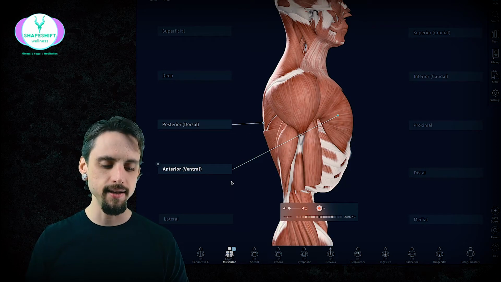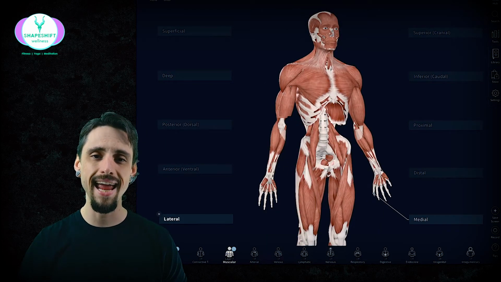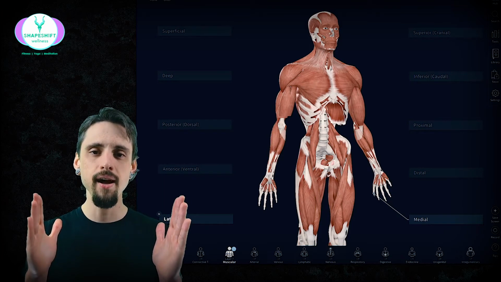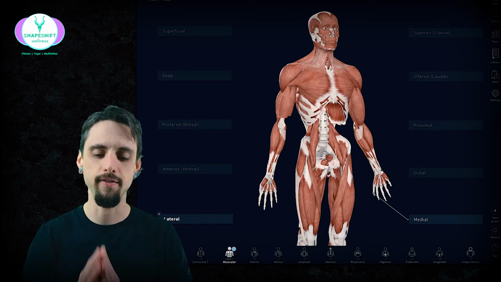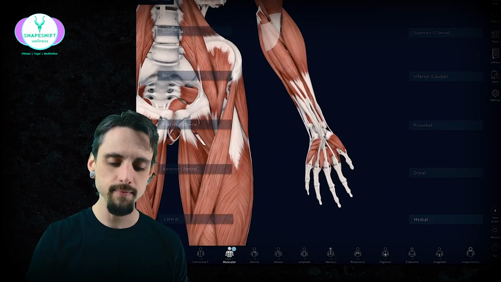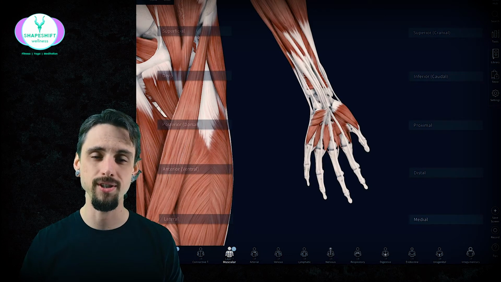Cool. Next up on our relationships is lateral and medial. Lateral is towards the outside of the body, and medial is towards the midline of the body. I just remember that because medial is an M, and you can think M for midline or towards the middle.